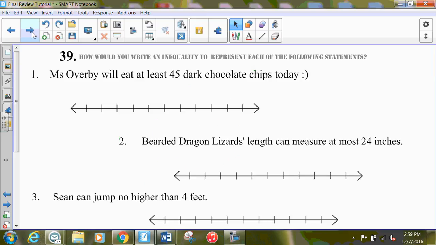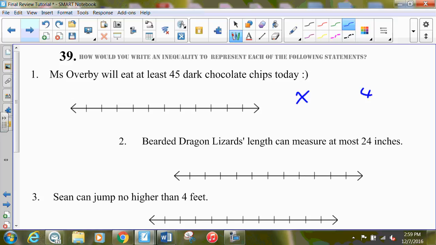All right, moving on. After our solving equations test, we moved on to linear inequalities, and we talked about writing inequalities like Miss Overby will eat at least 45 dark chocolate chips today. No, not today. I didn't have any. Okay, so we know that there's going to be an x, and we know that there's going to be a 45, and we have to decide what goes in between the x and the 45.